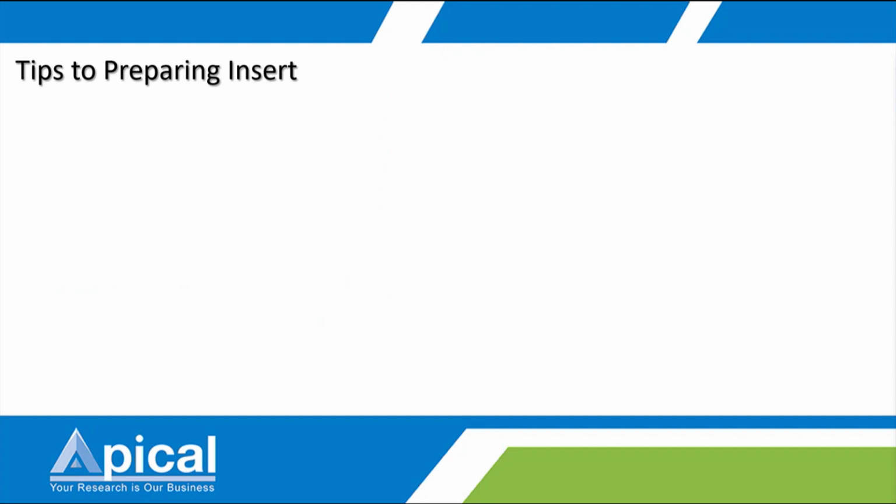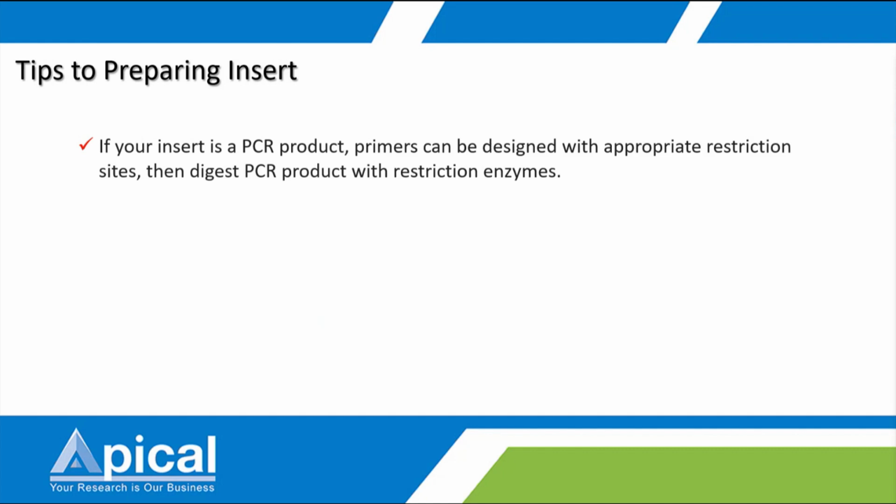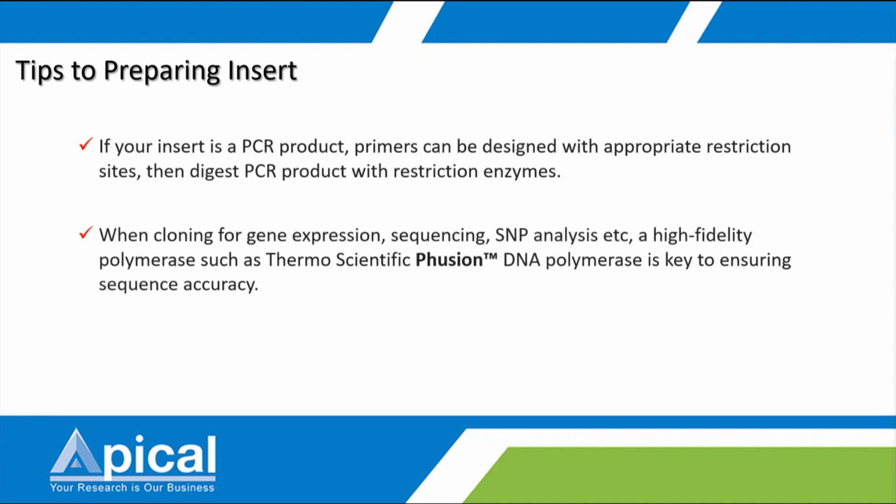If your insert is a PCR product, you can design your primer to carry the RE site. Also, you may want to choose a high fidelity DNA polymerase to avoid any possibility of SNPs or bias generated upon the PCR.